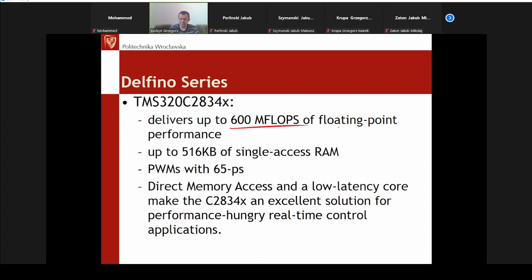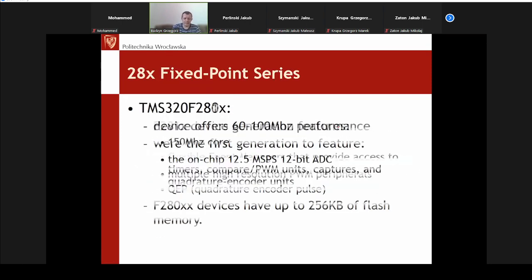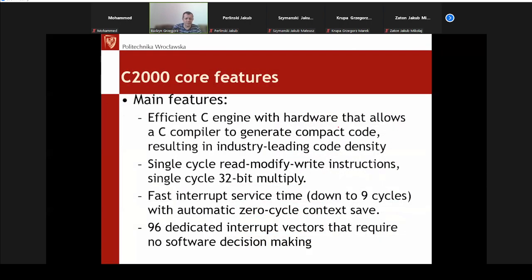So this Texas Instruments portfolio, in contrast to Cortex processors, is basically not on the top. It was earlier on the market than Cortex microcontrollers, and now it's slightly behind, but they are trying to catch up, to be honest.